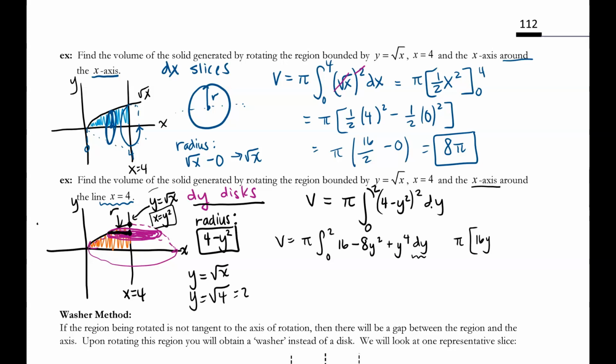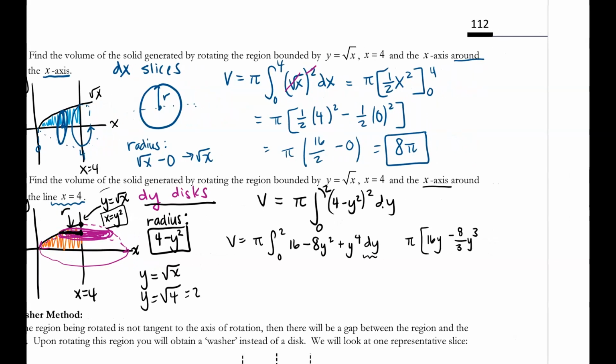Negative 8y squared becomes negative 8 thirds y cubed, just using that power rule there. And then y to the 4th becomes plus 1/5 y to the 5th. Yeah, this example is way less fun than the last one. I guess, or more fun, depending how you look at it. All right, so this is what I got for the antiderivative.